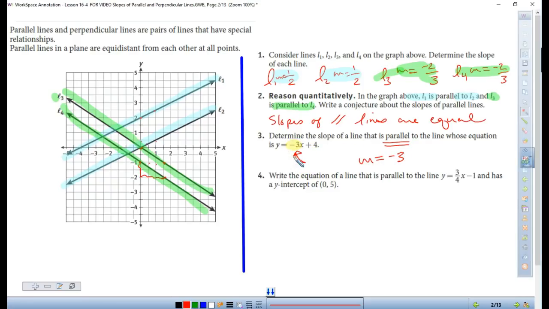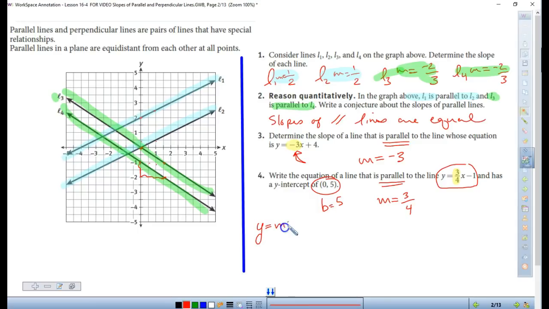But remember, you can only see the slope in an equation if that equation is solved for y. You can't see it in standard form or other random forms. Well, you can see it in point-slope form. Let's see. Write the equation of a line that's parallel to this, so we know it has to have the same slope. The slope here is 3/4, so we know that m is 3/4, and it has a y-intercept of (0, 5), so b equals 5.